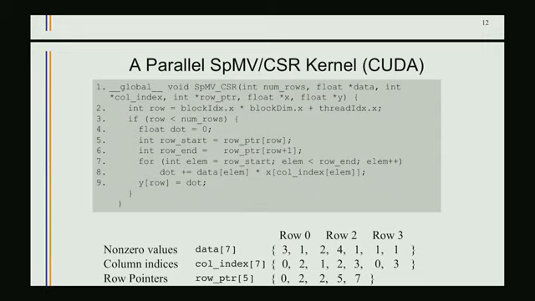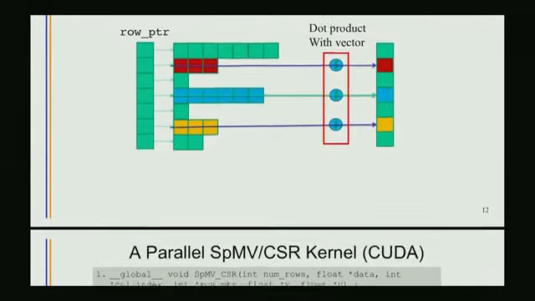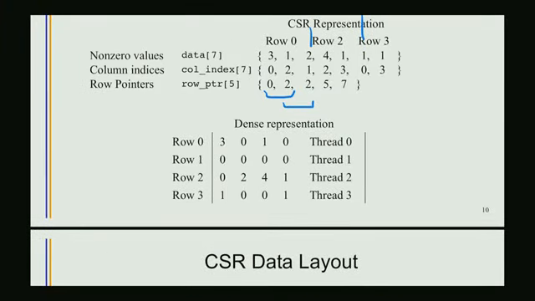So coming back to your point, I asked why do we need to index into x using the column index? Because I've got this 3 and this 1 that are part of the first row. Let me show you the matrix. Here's the original matrix. The 3 is at column 0, the 1 is at column 2, in row 0.